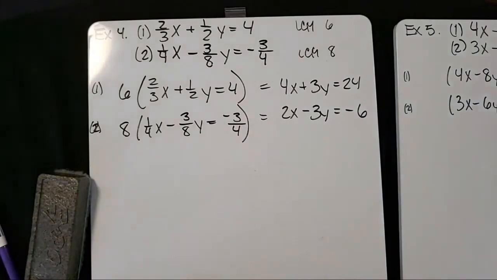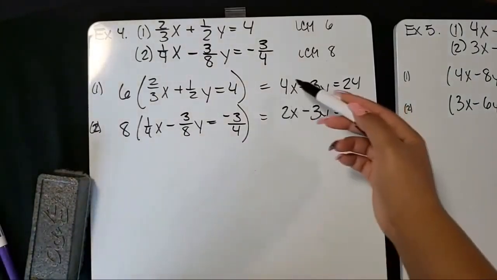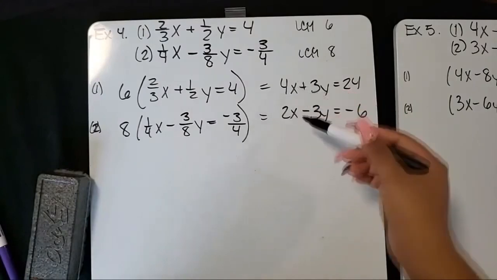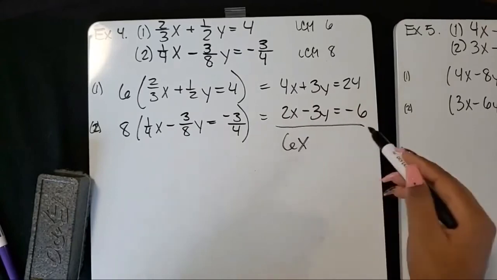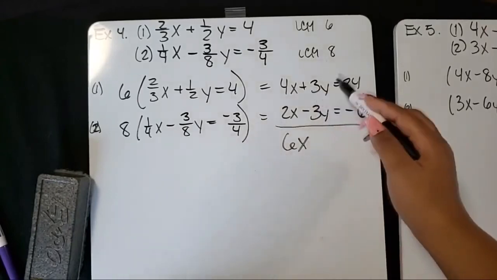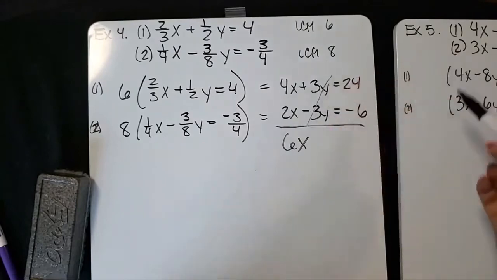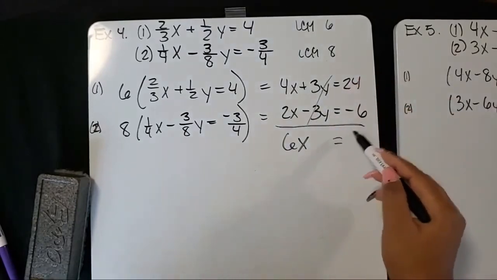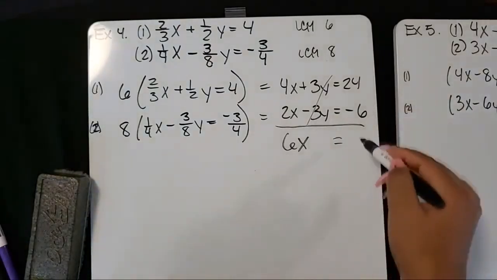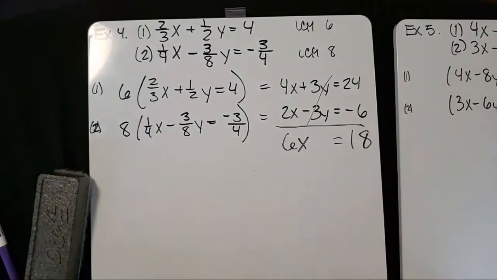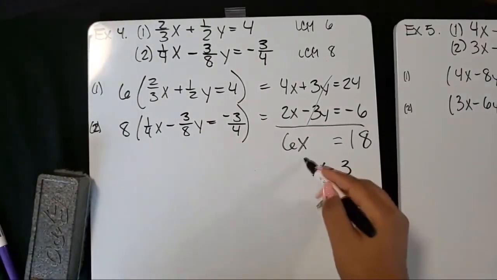So now we look, if we do 4x plus 2x, that is 6x. If we do plus 3y and minus 3y, that cancels. So that's perfect. And 24 minus 6 is 18. So we can solve for x. So x equals 3.